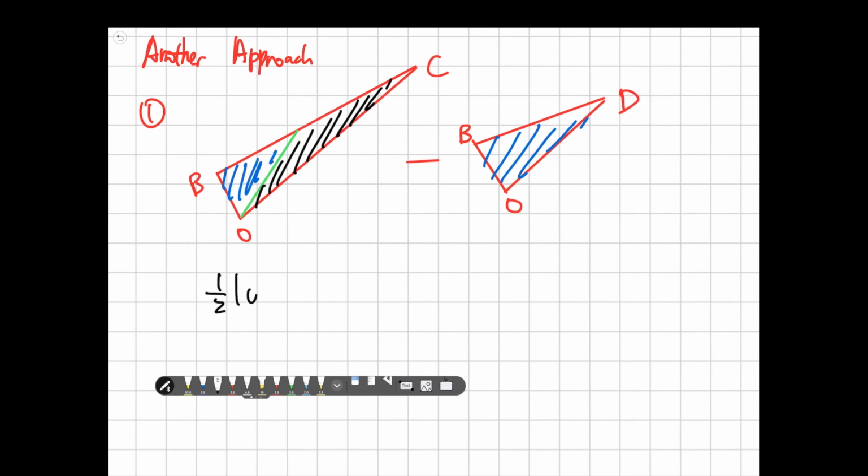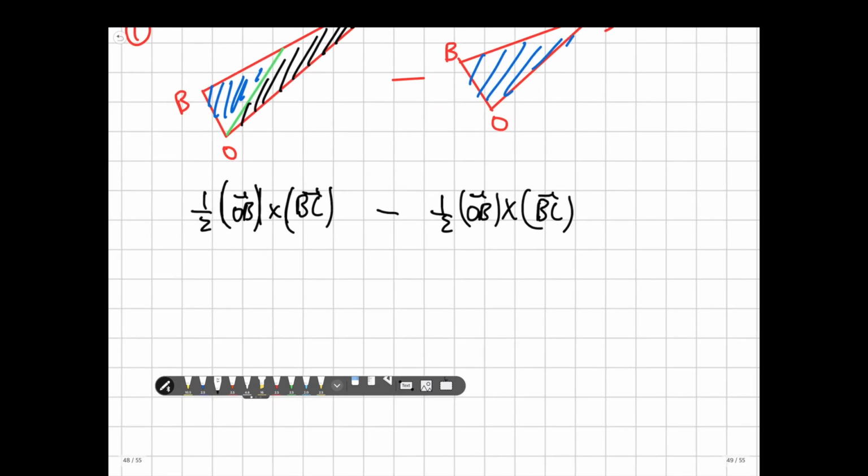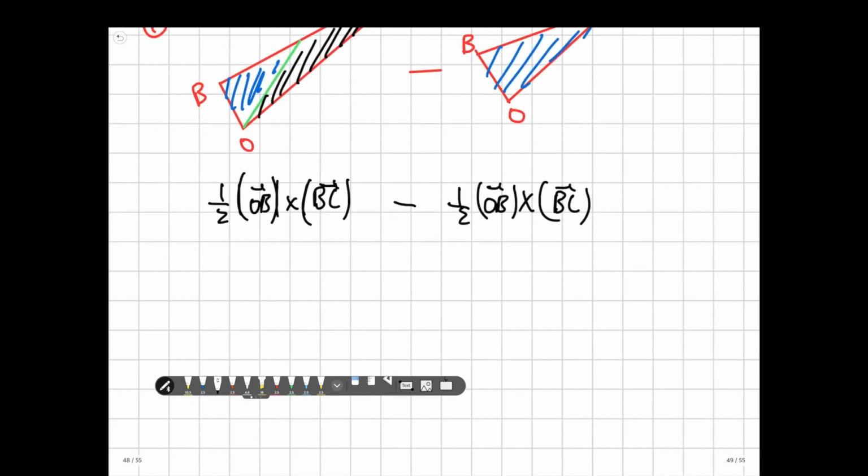So you have to find OB cross BC, and then minus half OB cross BC. After finding all these magnitudes, you can find the answer.